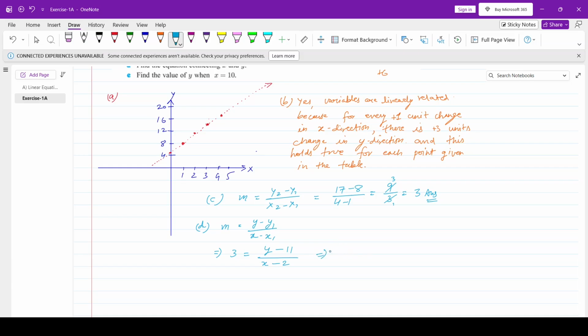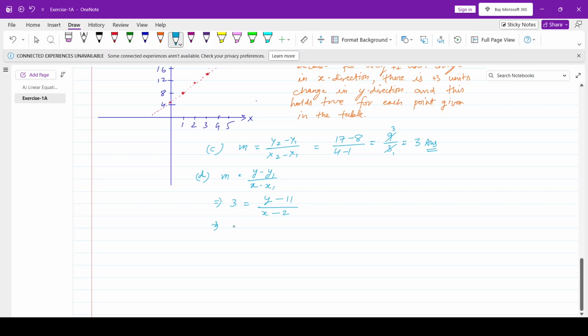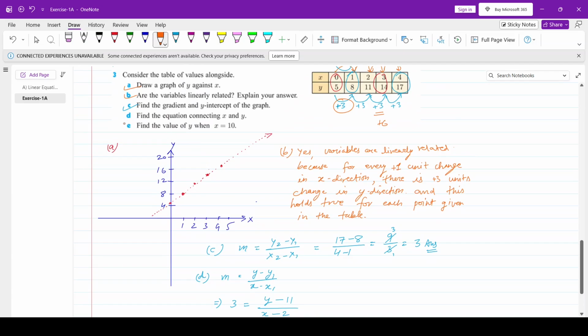Now we can find the equation. 3 into x minus 2 is equal to y minus 11. 3x minus 6 is equal to y minus 11. Taking y on one side and all other things on the other, we get 3x minus 6 plus 11, which gives us y is equal to 3x plus 5. And this is our answer. We have also done this part.